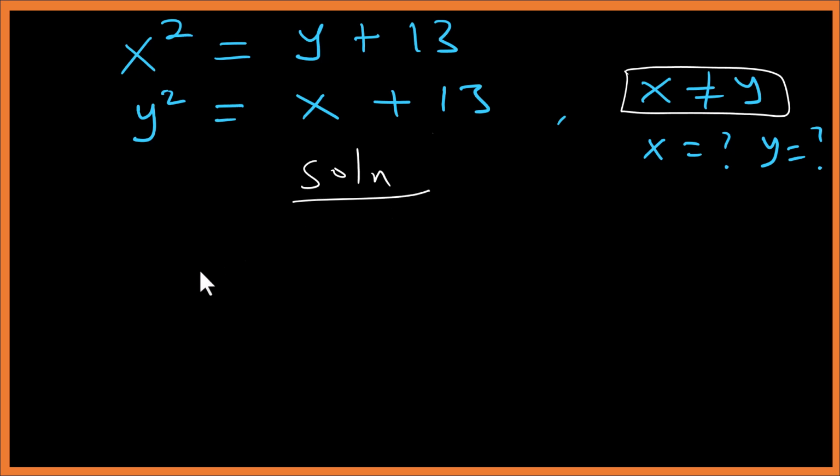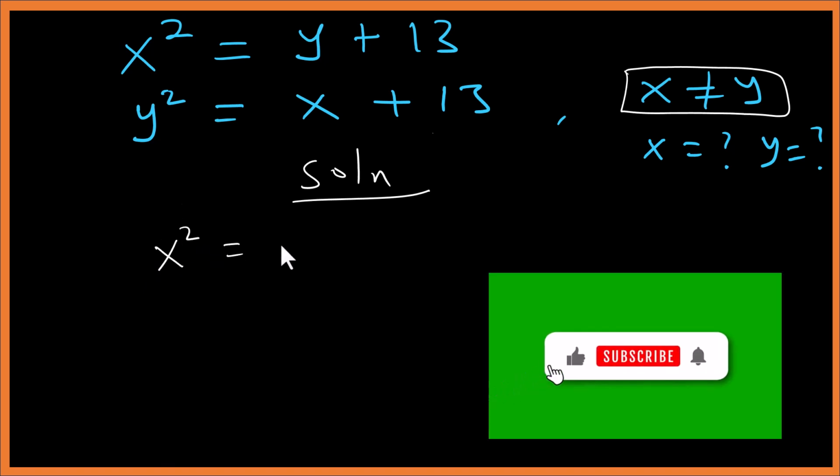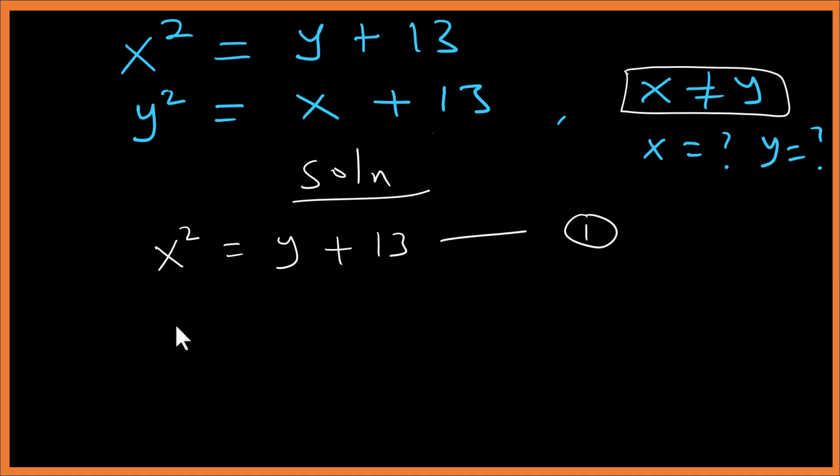Now from here we will label the first one, x squared equals y plus 13, as equation 1. Okay, and y squared equals x plus 13 as equation 2.